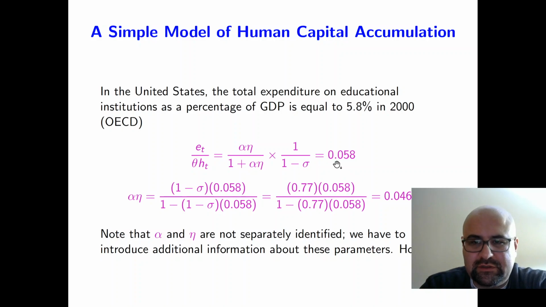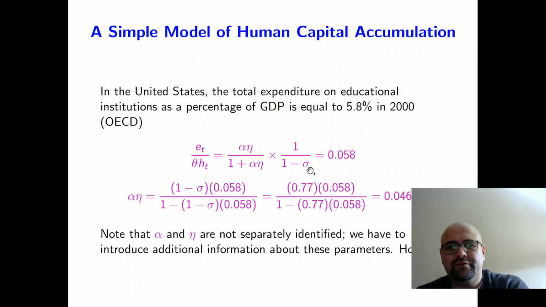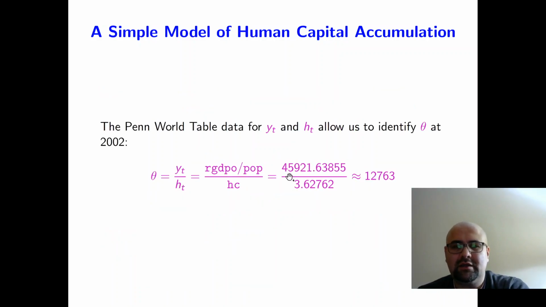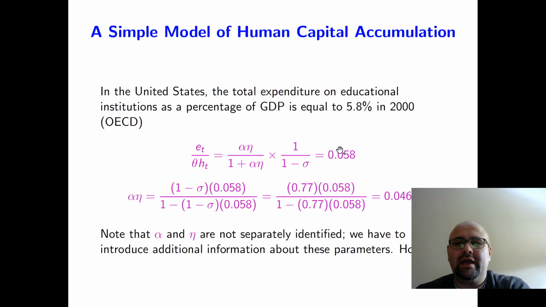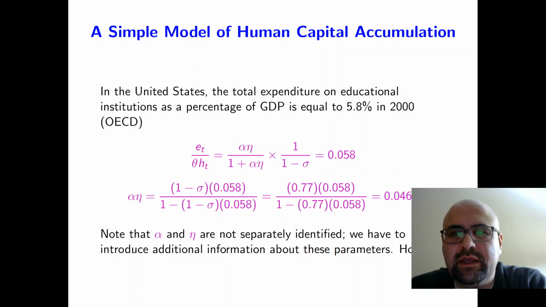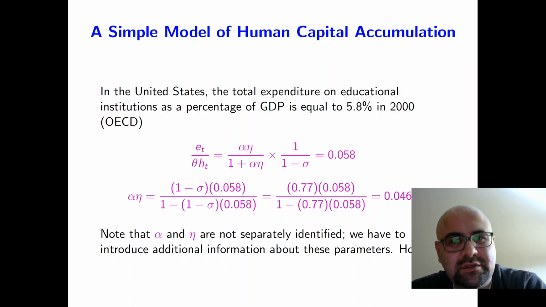All right, so then if you put the information sigma that you found earlier, this means that you can actually solve this equation, okay? But you can only solve it for alpha times eta, all right? And here is the result. Alpha and eta are not separately identified, okay? So in other words, not all parameters are identified.